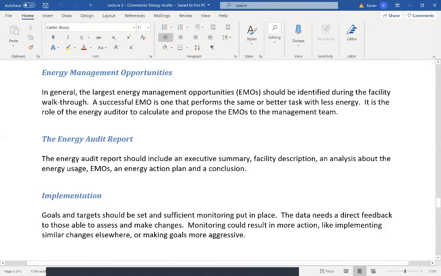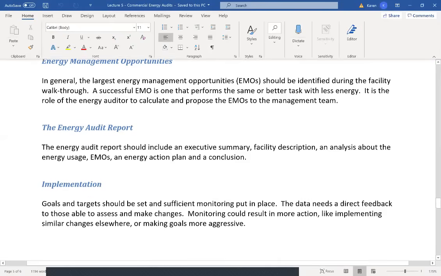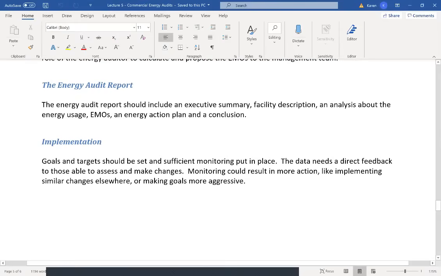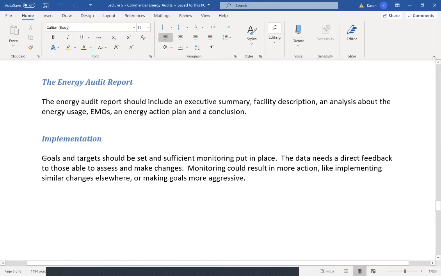So in general, you are going to do your level 1, 2, and 3, look for those energy management opportunities, propose them, do a detailed analysis as level 3, and then you calculate what is called the energy audit report. It'll have an executive summary, facility description, analysis about the EMOs, the action plan and the conclusion.